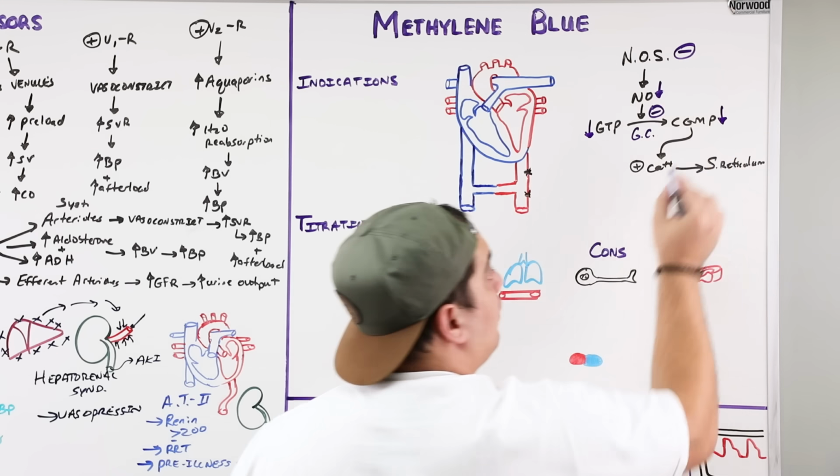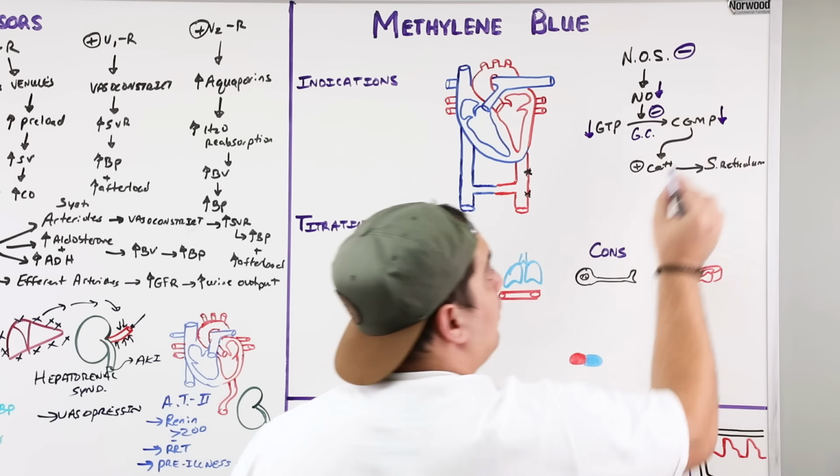So now I have low cyclic GMP levels. If there are low cyclic GMP levels, there is less calcium being pushed into the sarcoplasmic reticulum. As a result, the calcium in the actual cytoplasm increases, because now we're not pushing as much of it into the sarcoplasmic reticulum. Because again, what does methylene blue do?